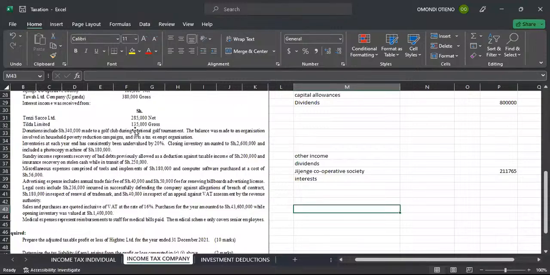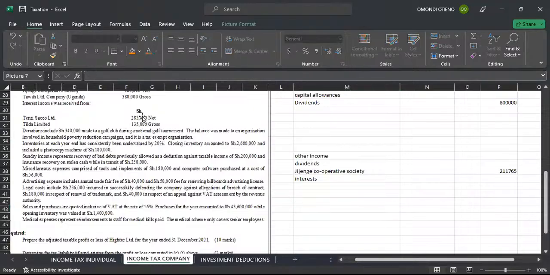So Tenzi Sacco Limited, interest from SACCOs. Whatever is given here is net. It means they have deducted the 15%. So we have to add back the missing 15%.